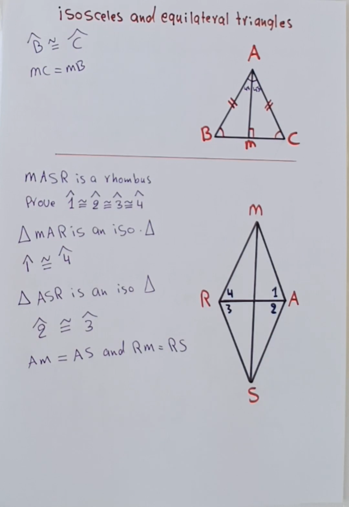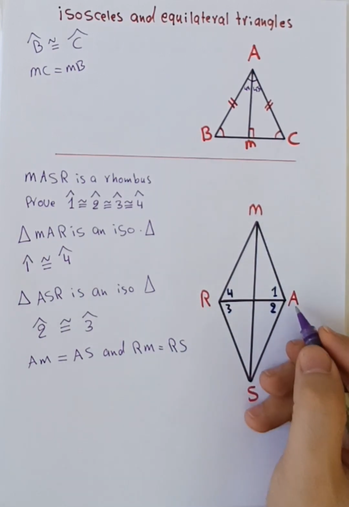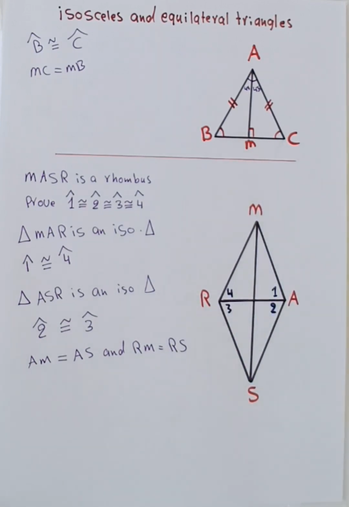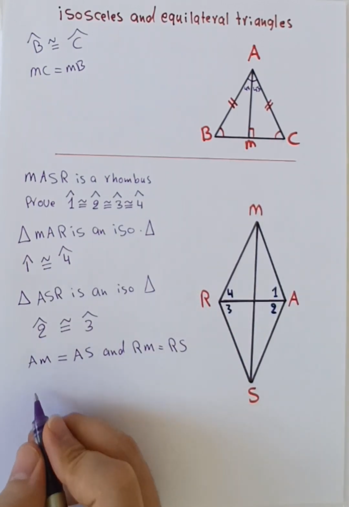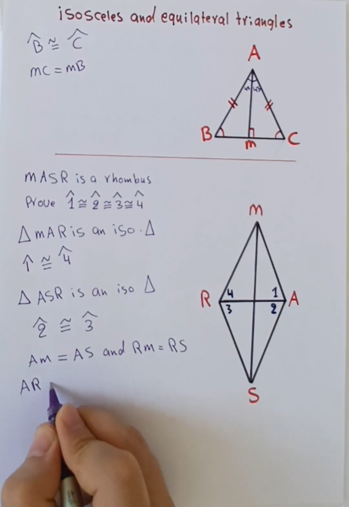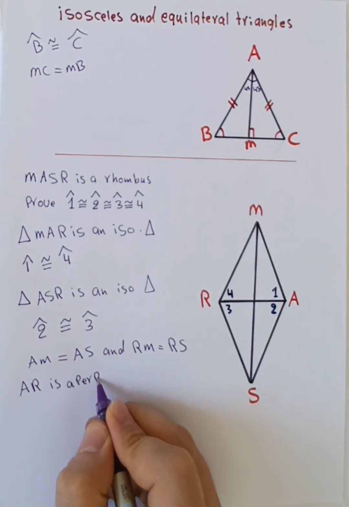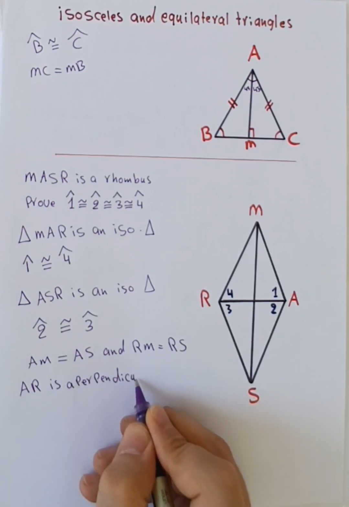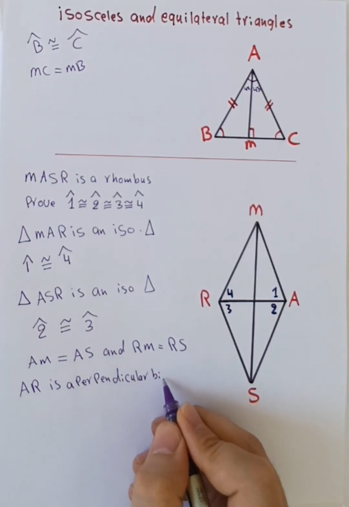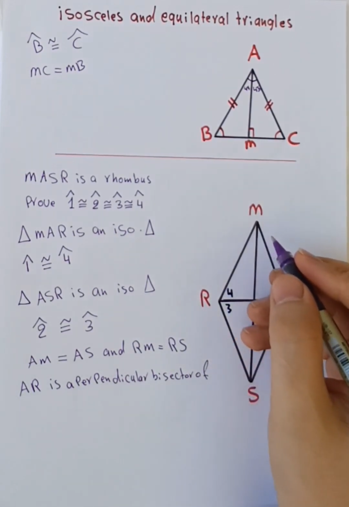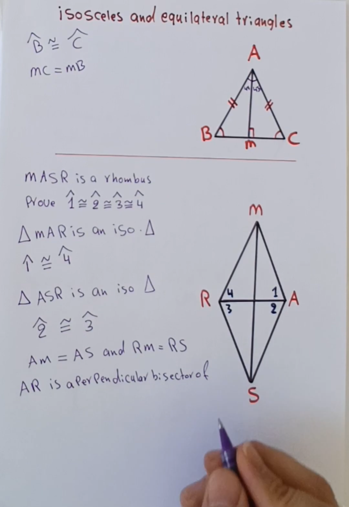So AR is a perpendicular bisector of MS. AR is the perpendicular bisector of this line segment MS.